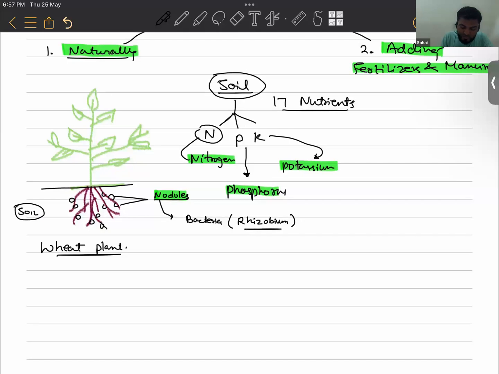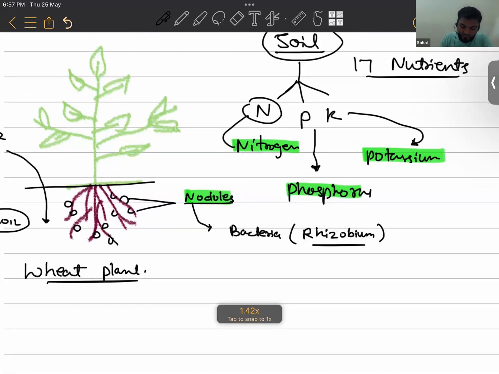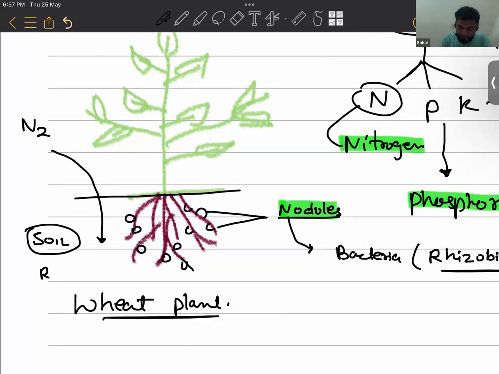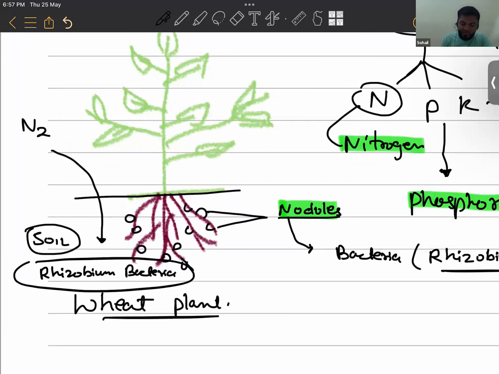Let's say this is atmospheric nitrogen. Now this atmospheric nitrogen is fixed by the rhizobium bacteria into the soil.